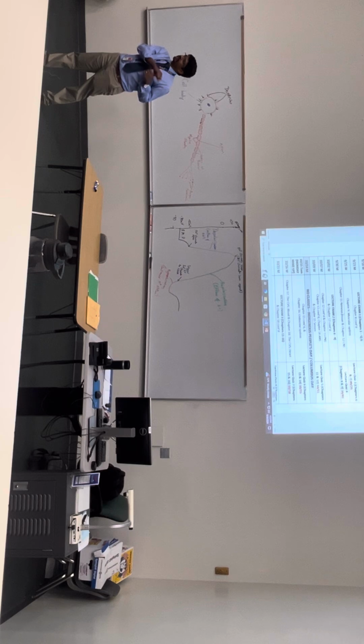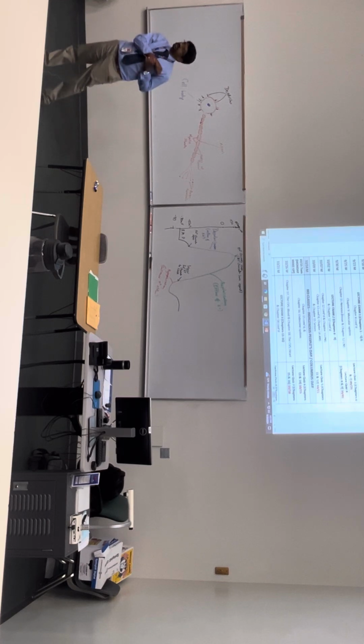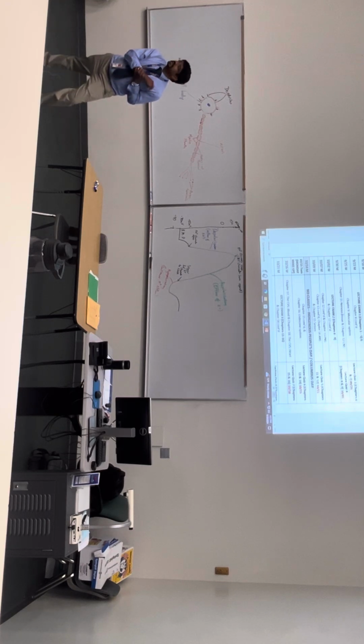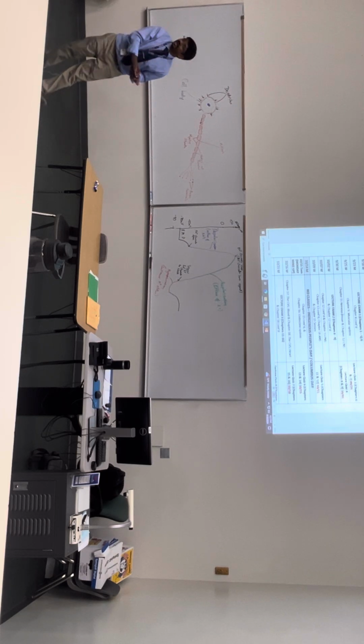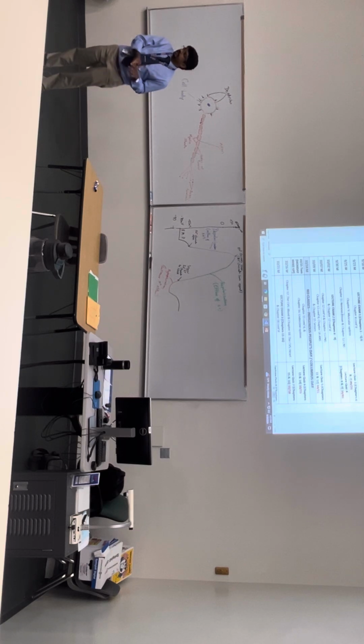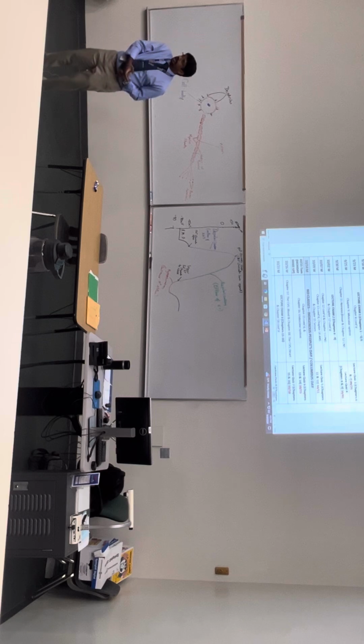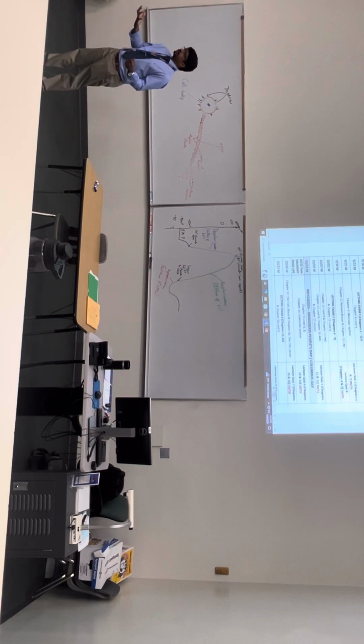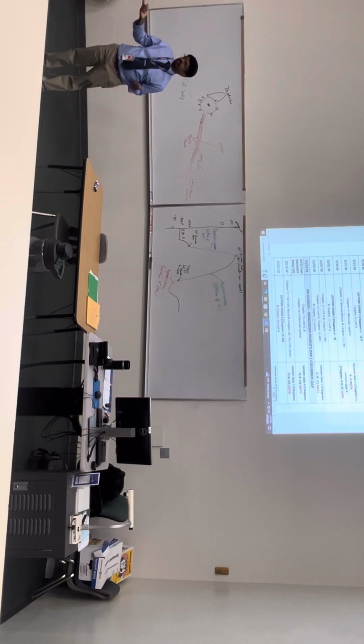A third place we can find fibrocartilage is the menisci. So these are fibrocartilaginous joints. Do they allow any movement? Some movement, right? So these are amphiarthrotic fibrocartilaginous joints. What about syndesmosis? Fibrous joints that allow some movement, right?